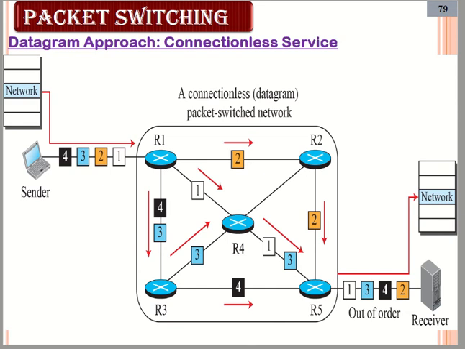As I said, it has to find the best possible path for the packet to reach the destination, and this is achieved in two different ways. A packet switching network uses two different approaches to route a packet from the source to the destination. The first one is the datagram approach, and the second is the virtual circuit approach.